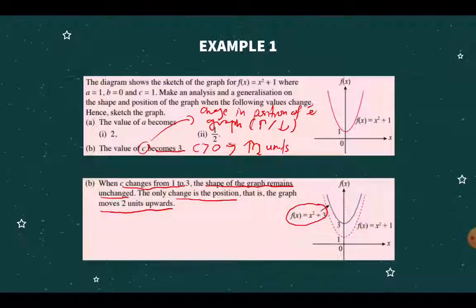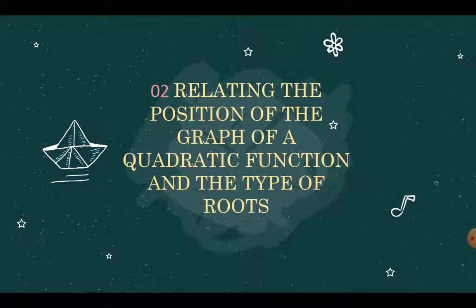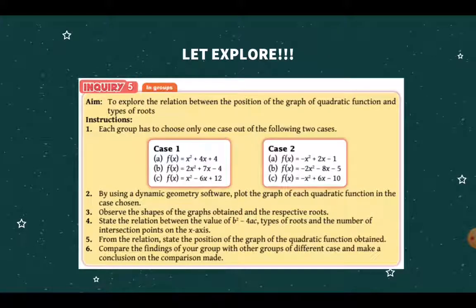Okay, let's move on. Relating the position of the graph of a quadratic function and the type of roots. Let's explore. We have 2 cases: case 1 is for when a is greater than 0 and case 2 is for when a is less than 0. By using a geometry software, plot the graph of each quadratic function in the case chosen.